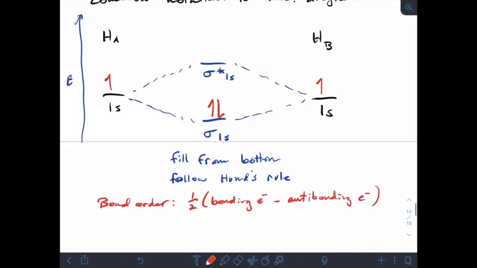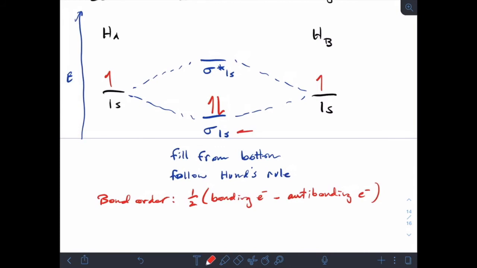So in our case, sigma 1s, those are the bonding electrons, and the star are the antibonding. So my bond order for this molecule is 1/2, I have 2 electrons in the bonding minus none in the antibonding, which means I've got a bond order of 1.